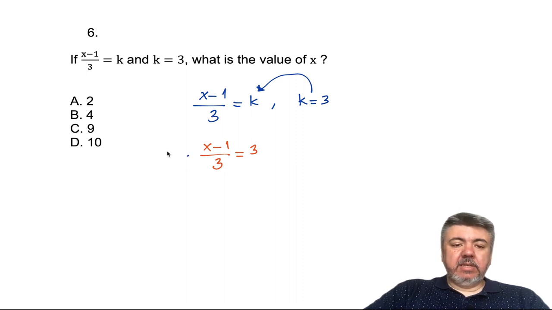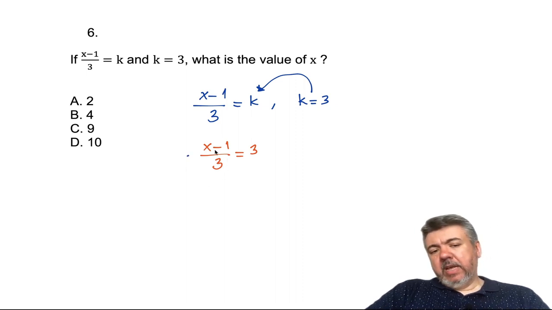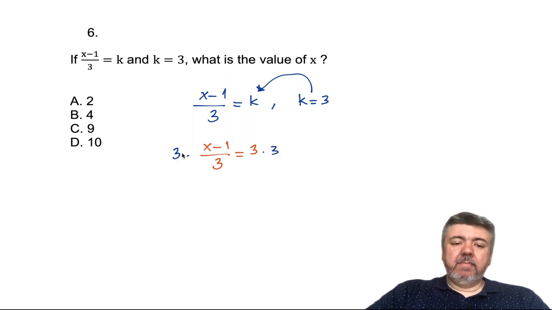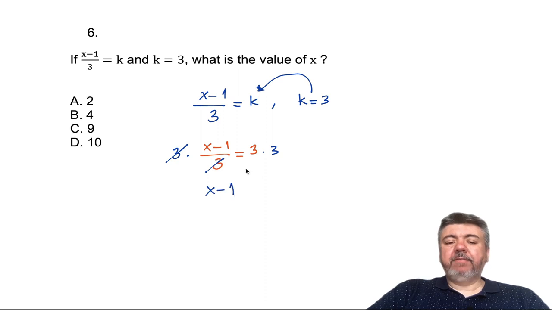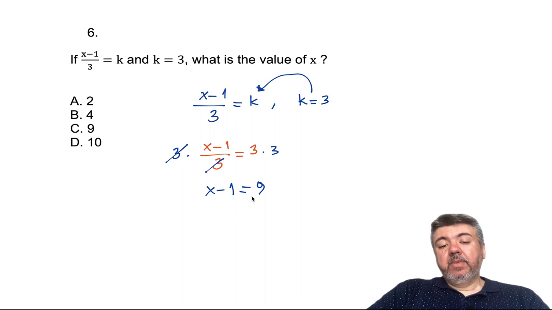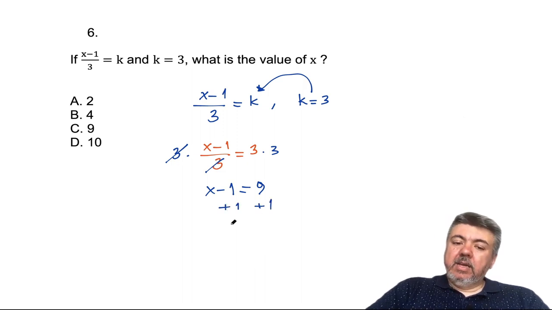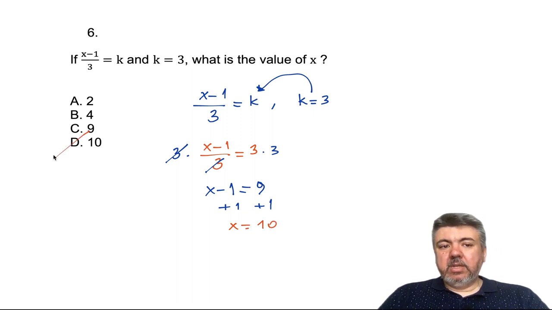What next? I want to get rid of this 3, so I will multiply both sides by 3. These two cancel. x minus 1 on the left and 3 times 3, 9 on the right, right? So add 1 to both sides. It's going to be x equals 9 plus 1, which is 10.